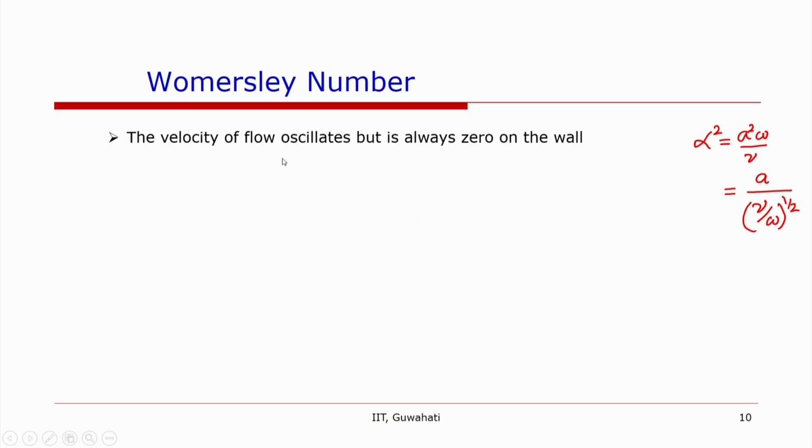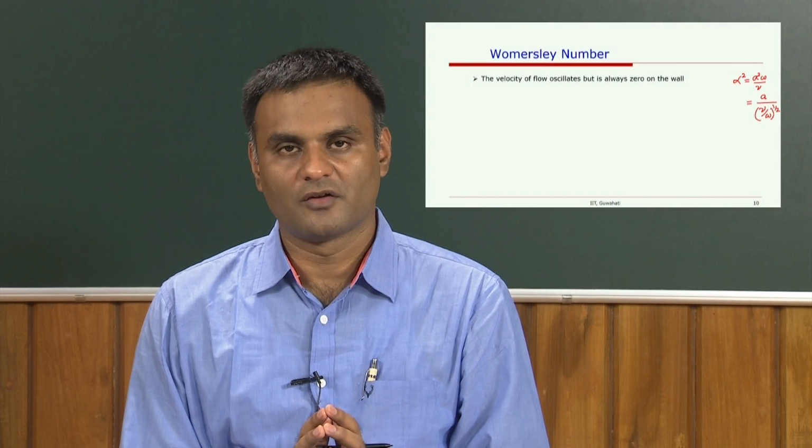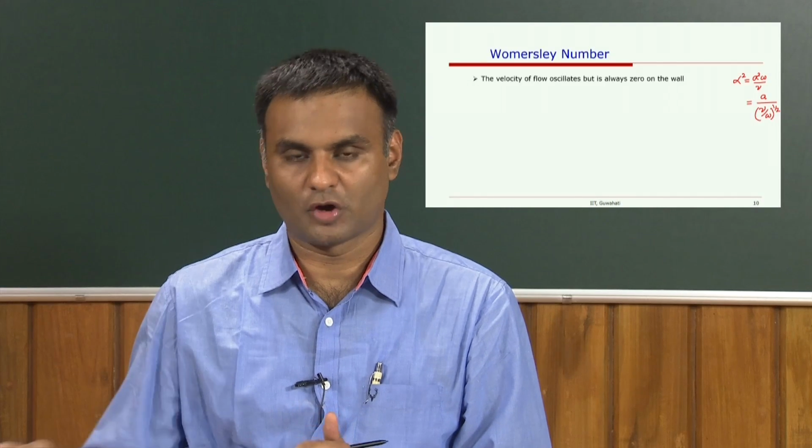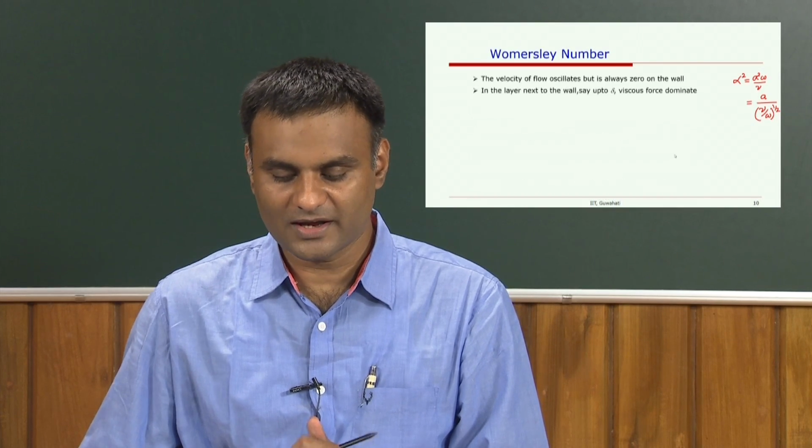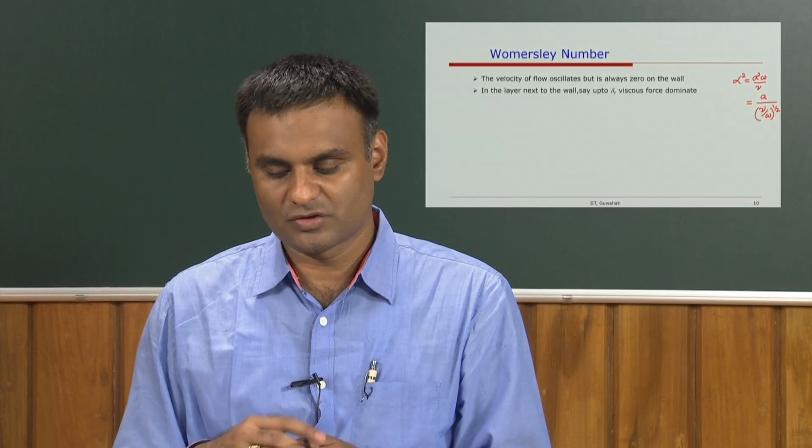The velocity of the flow oscillates, but is always 0 on the wall. Even when the flow is pulsatile, there is always the no slip boundary condition at the wall. That means for a viscous flow, the velocity near the wall is going to be 0, and there are going to be velocity gradients near the wall, where the viscous force dominates.